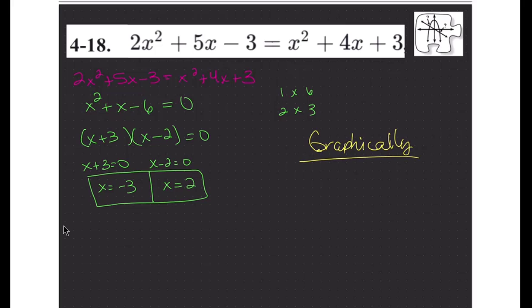What do we need to do? We're going to put each of these in separately. Right? So that's my first function. And that's my second function. And then what am I going to look for? Where they intersect, right?